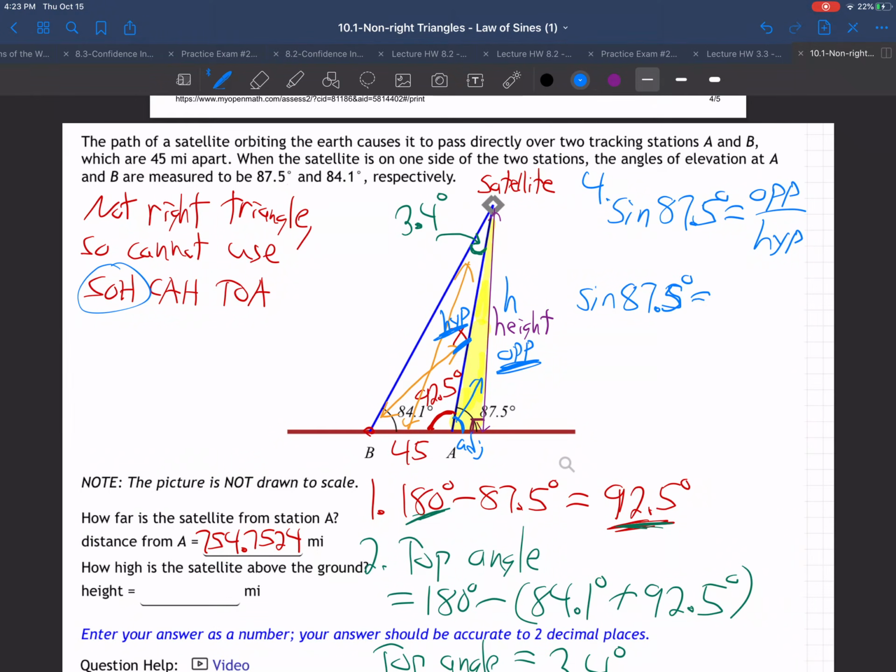Sine of 87.5 degrees, this angle right here, is opposite height over hypotenuse x, which is the side I just found, right? That x is the 754. That's the distance from A. That's what we just did all that work to find.